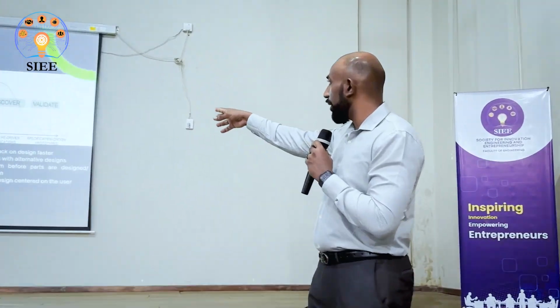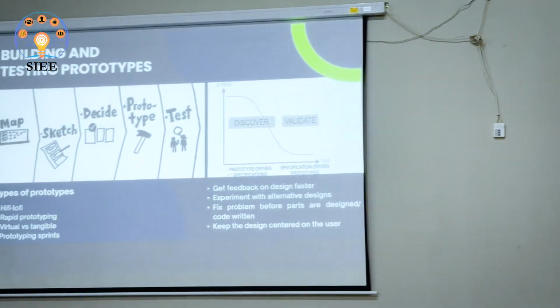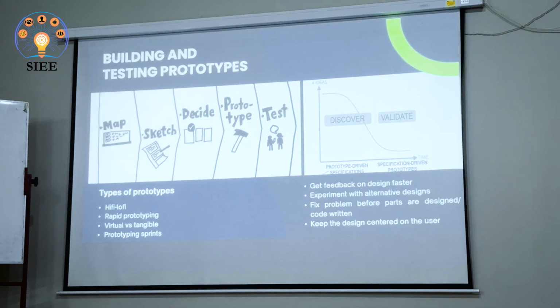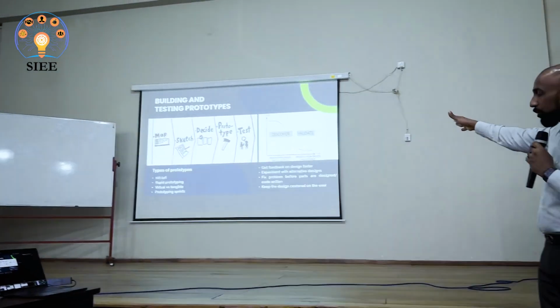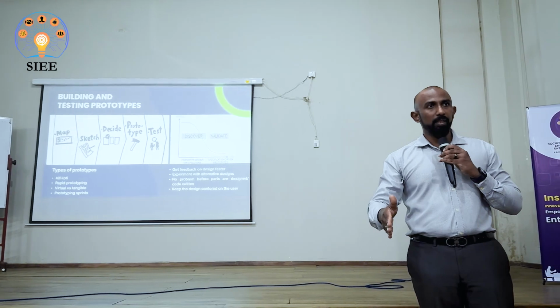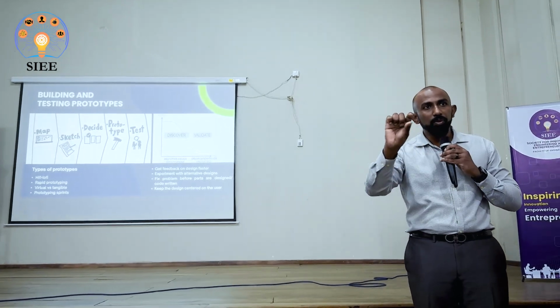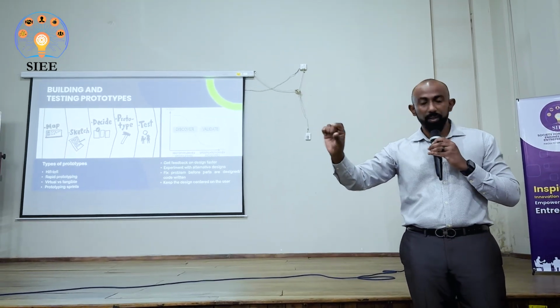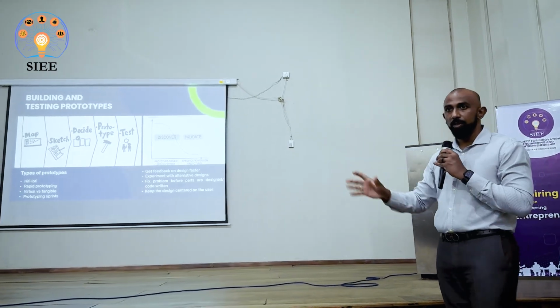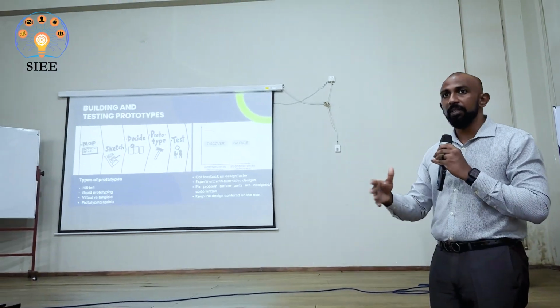So now, if you look at this curve, idea and the time, in the discover phase, you have a lot of ideas. But when it comes to validate phase, your number of ideas will go down drastically, and you are testing few ideas only, right? And prototype, in the discover phase, you have prototype-driven specification.